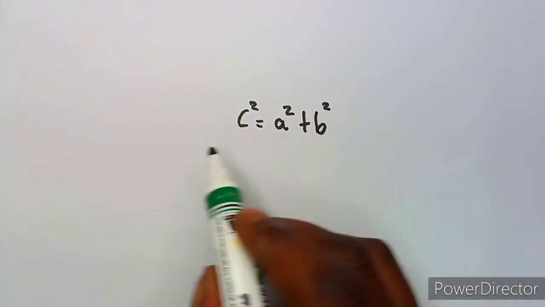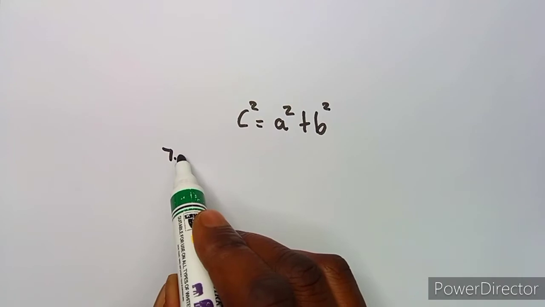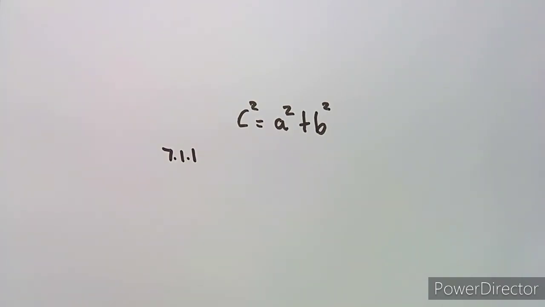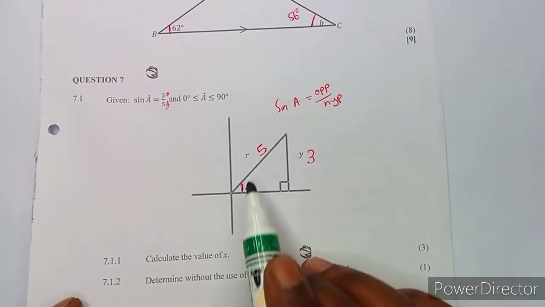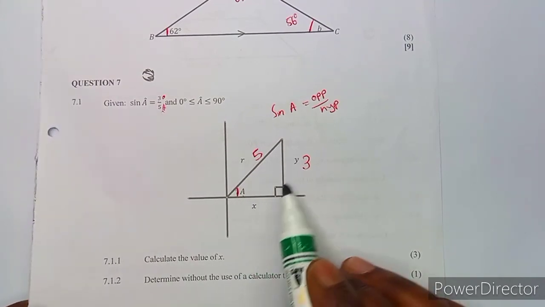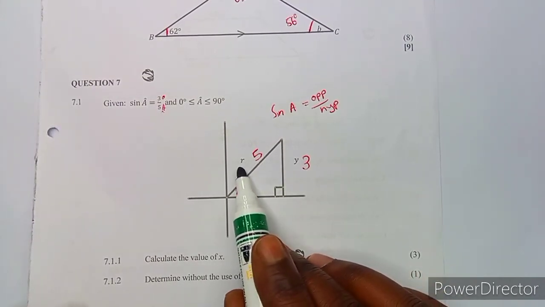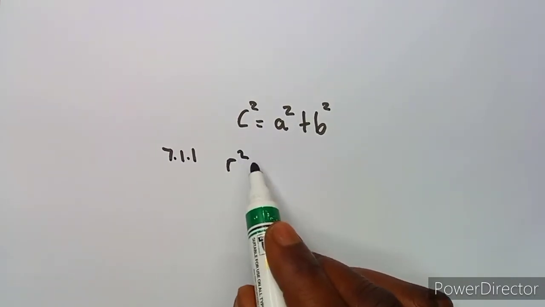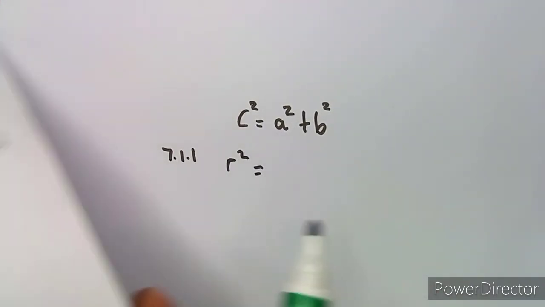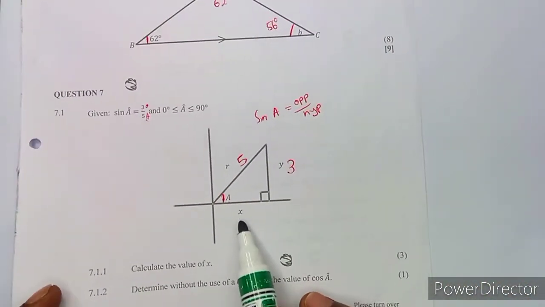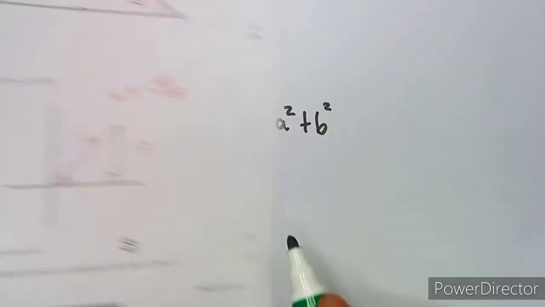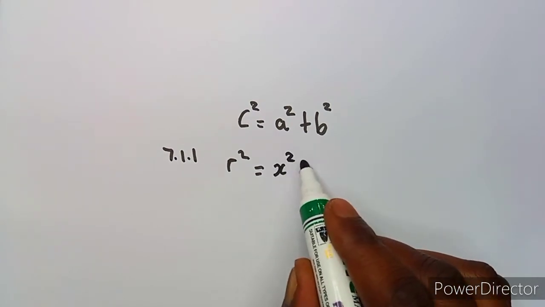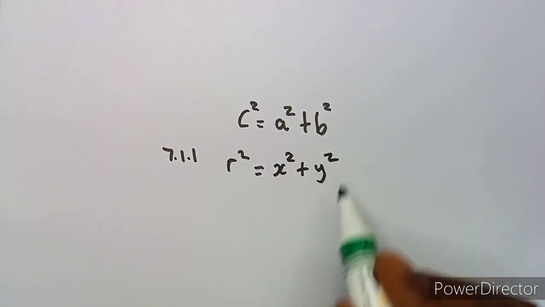But in this case, I'm not going to write it like this because I'm given the letters here. I'm given r, x and y. So r is the one representing c squared, which is the hypotenuse. So r squared is equal to x squared plus y squared, in place of a and b.